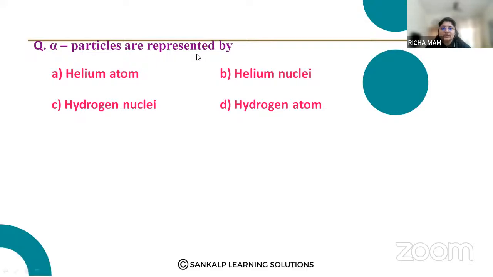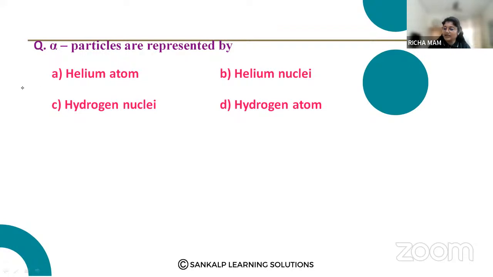Let us go for the next one. Alpha particles are represented by: A helium atom, B helium nuclei, C hydrogen nuclei, and D hydrogen atom. How is the alpha particle represented?